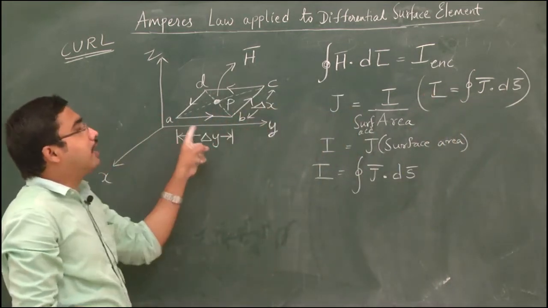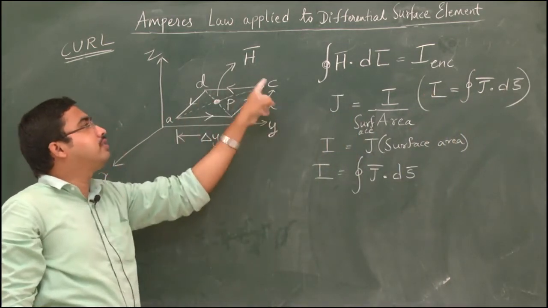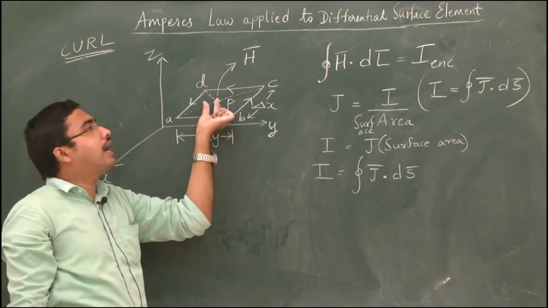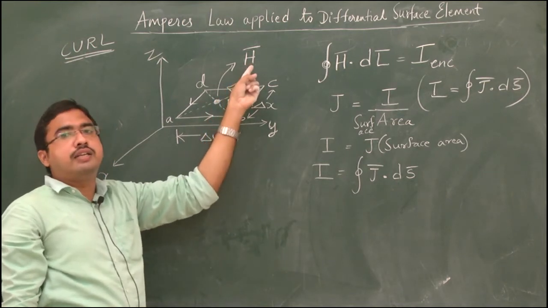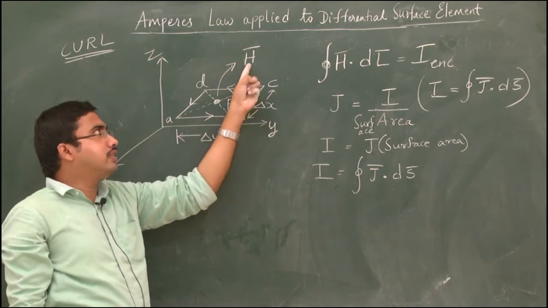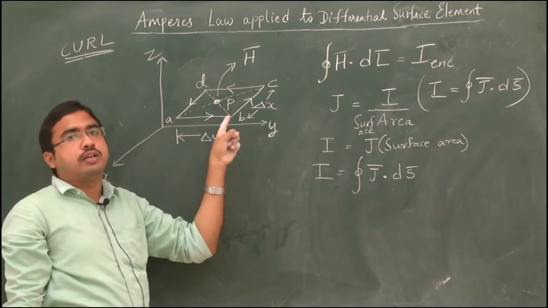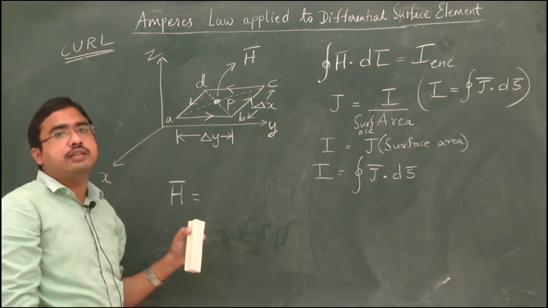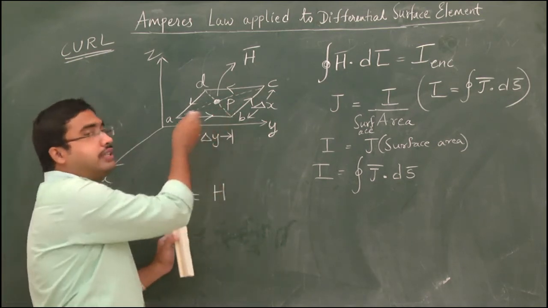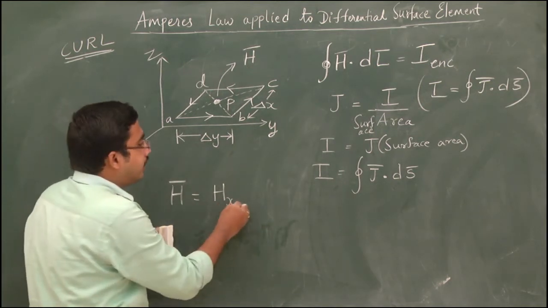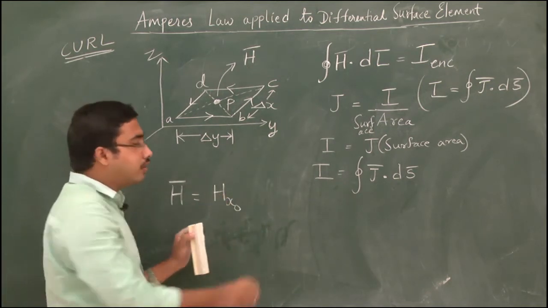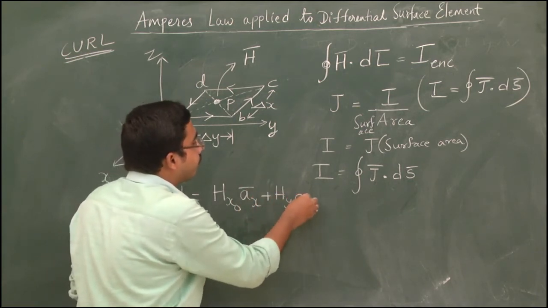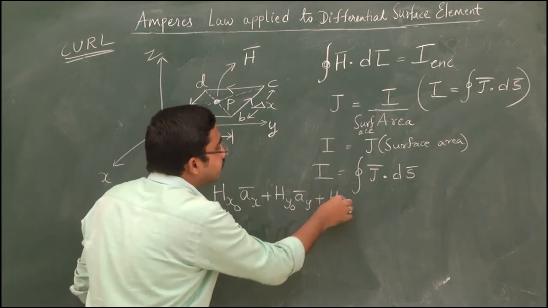Now, for this complete Amperian path ABCD, if I want to calculate the magnetic field intensity H at a point P, the total H bar at point P can be written as Hx naught ax plus Hy naught ay plus Hz naught az.